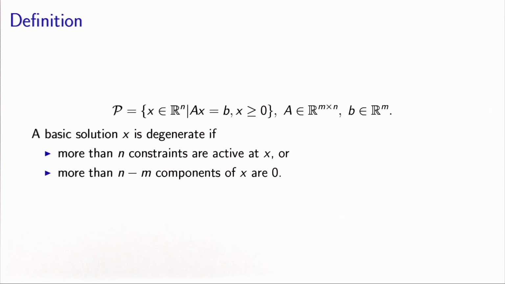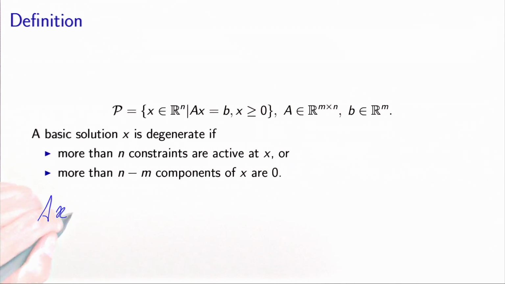So let's see the formal definition of degeneracy. So we have a polyhedron which is defined by a matrix A and a vector b and is written in standard form. We will say that a basic solution x is degenerate if there are more than n constraints that are active at x. So if you take a basic solution, how many constraints are active?